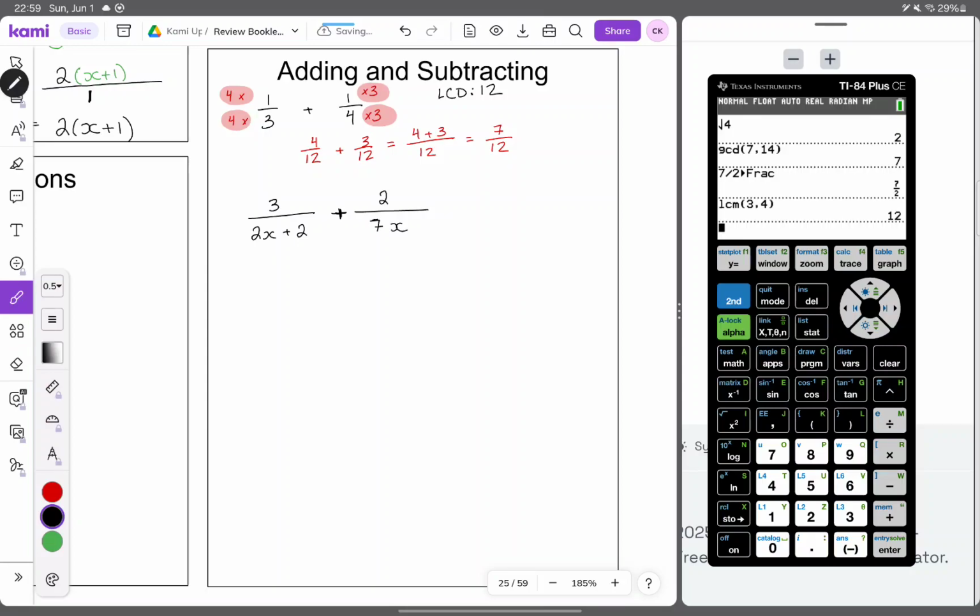All right. So our steps with these ones kind of similar to multiplying and dividing and simplifying. We do still want to factor, but it's a little different because we only factored the denominator.